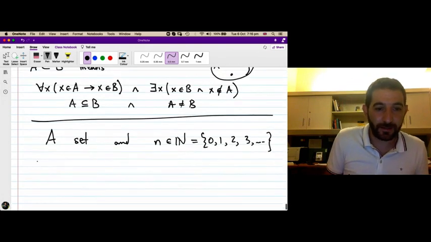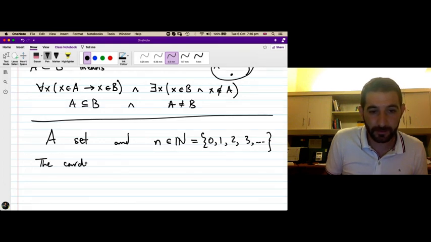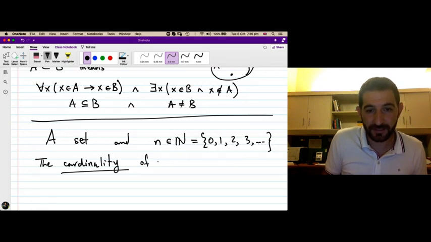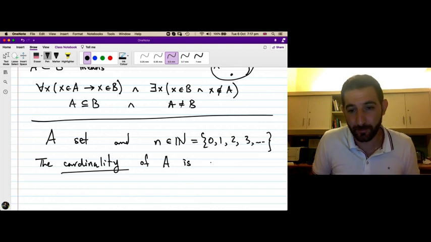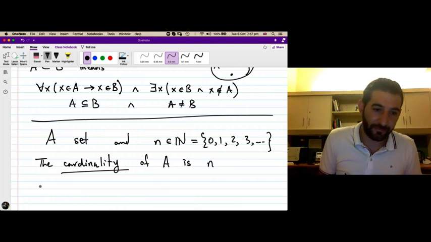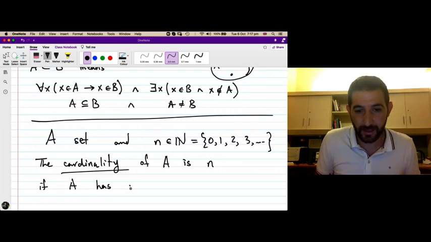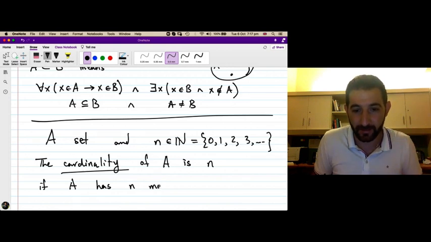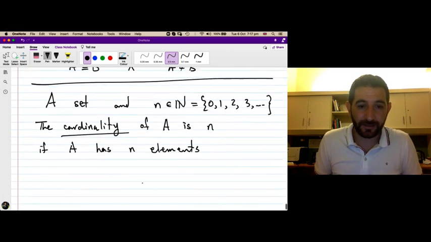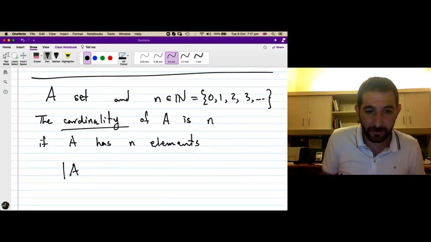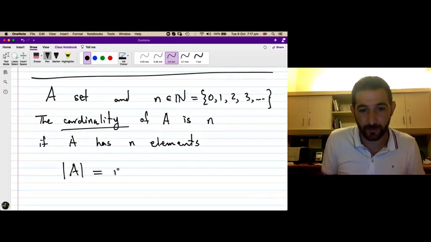We say the cardinality of the set A is the number n if A contains precisely n elements. In this case we write the cardinality of A using two vertical bars, |A| = n.